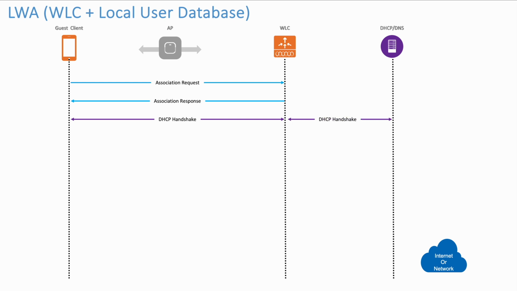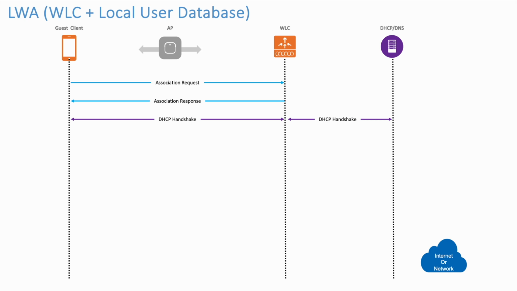It has to go through the WLC, so the client sends it to the WLC, and the WLC forwards that to the DNS and DHCP servers, and the IP is given to the client. But before this, I'm not calling out the pre-auth ACL specifically here because it's not mandatory on this model.